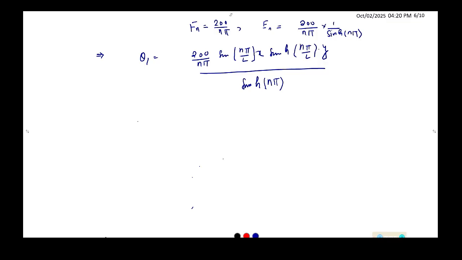Now the summation term will also come, where n equals 1 to infinity, and this n will vary over 1, 3, 5 and up to infinity. So this is the value of theta we have determined.